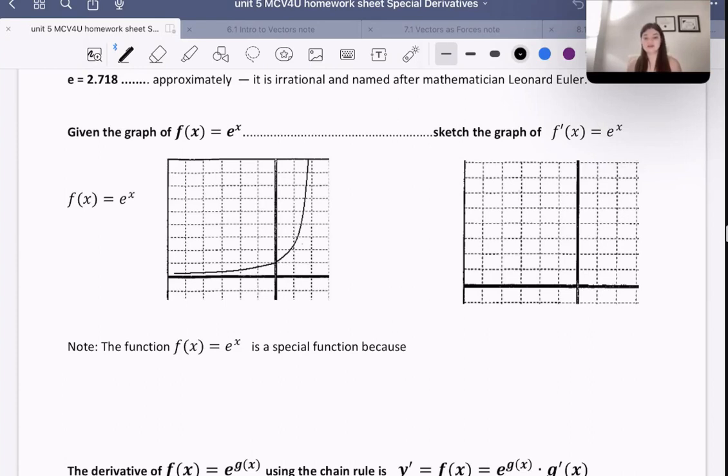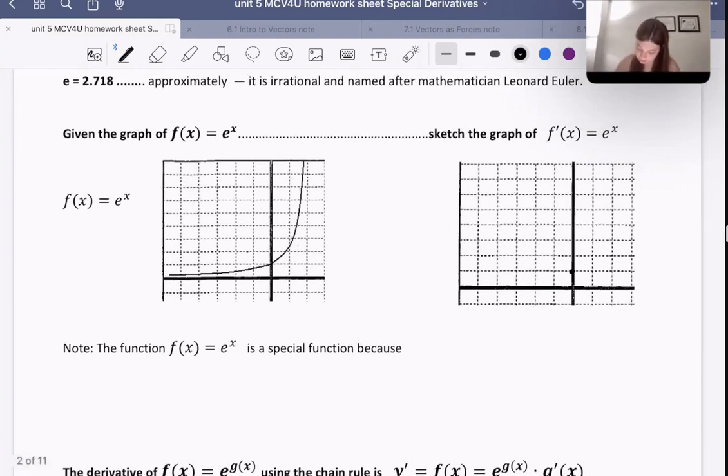What's interesting is that the slope of the tangent in this case is going to give us the exact same graph as the original. So what's interesting about the exponential function is that the derivative is equal to the original function, and that's why it's special.